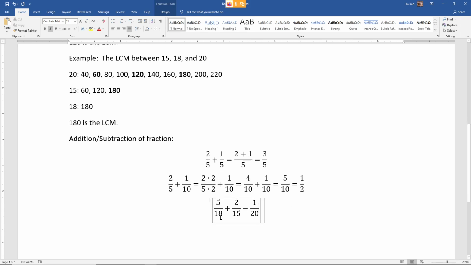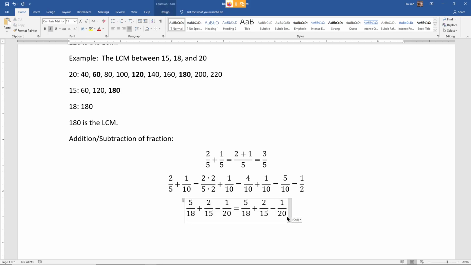So now look at this. 18, 15, and 20, right? So here's what I would do. Based on this LCM thing that we just did, I know 180 is where I want to go. So I want, ultimately, the bottom to be all 180 in some way. So let me copy all this. All right.